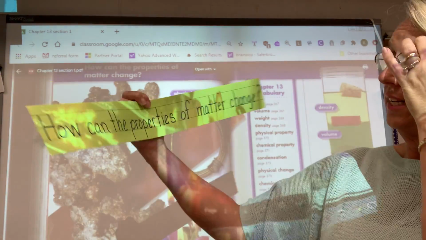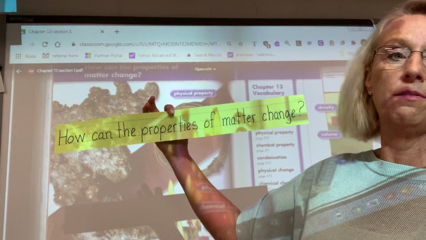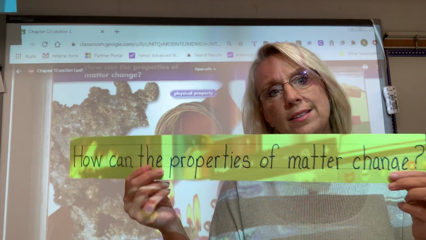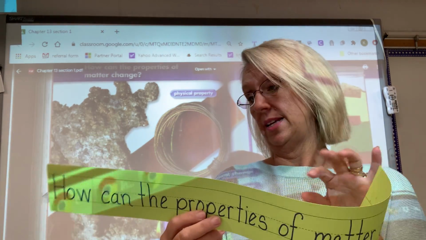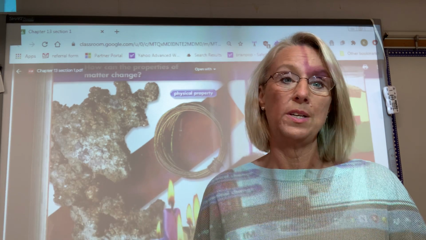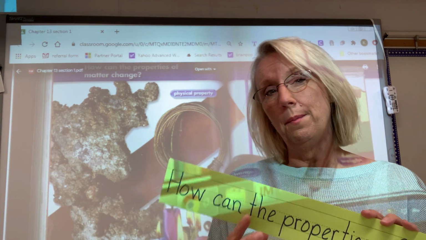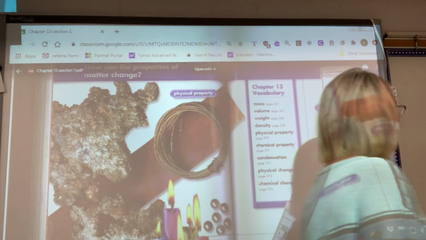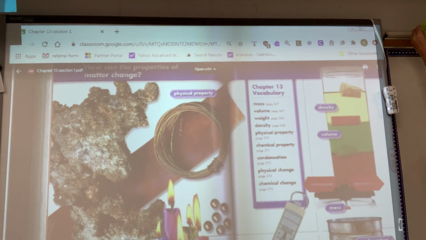So the big question is, how can the properties of matter change? And we're going to be talking about that really in depth when we get to Unit 2 of this chapter. But how can the properties of matter change? Let me slap that back up on the board. Okay, I think I got that.